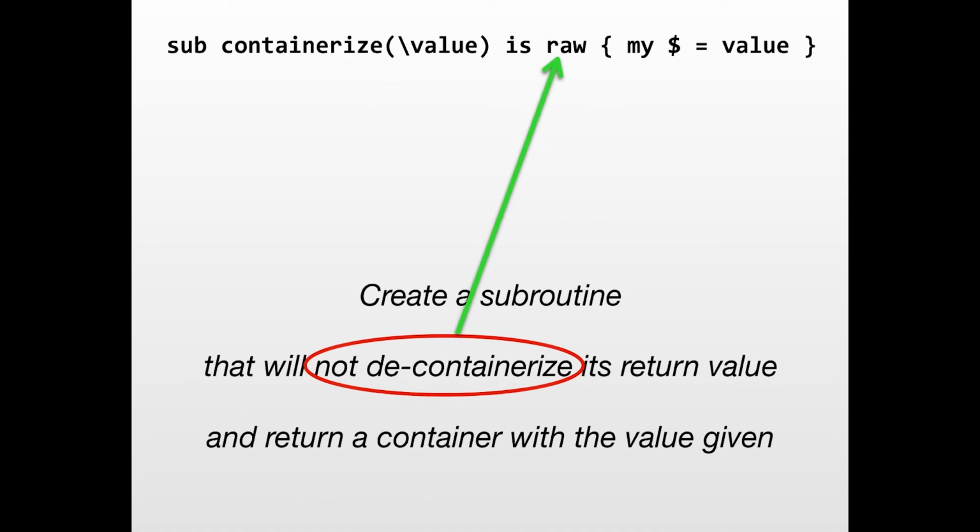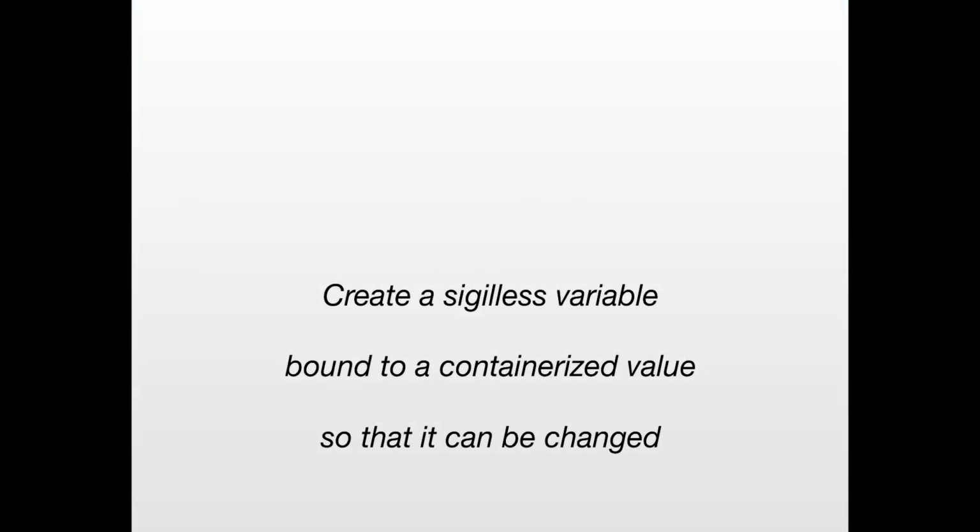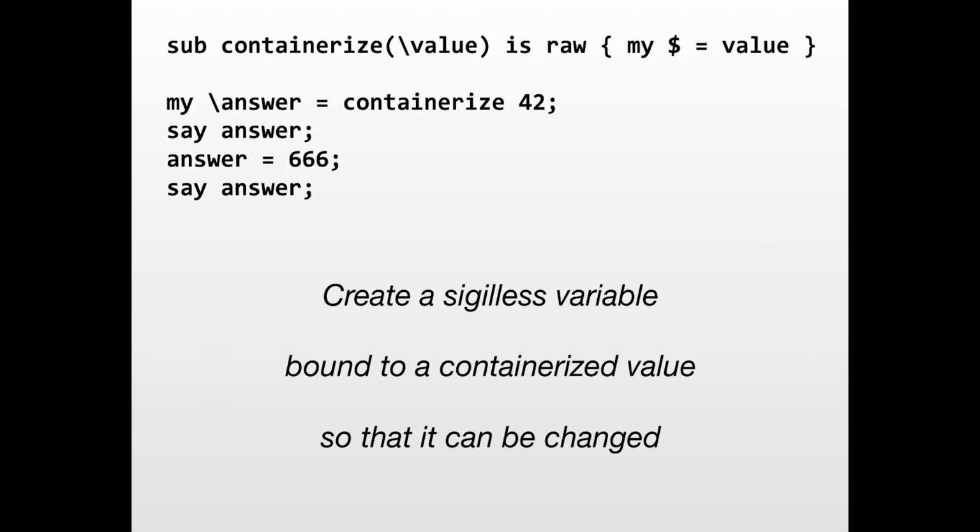We actually specify the sub with the is raw trait, and we put the trick that we just saw there with the extra nameless variable inside the subroutine. And of course, this doesn't show anything, but if we want to actually show that, we can just call the containerized subroutine.